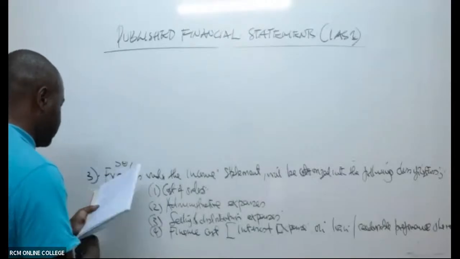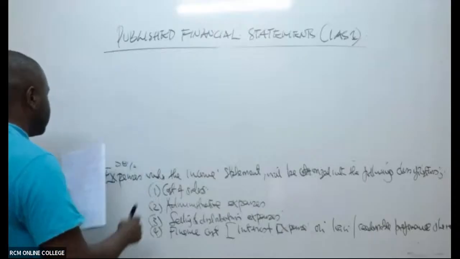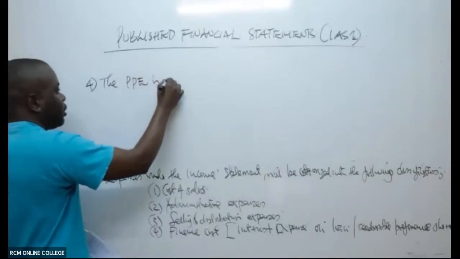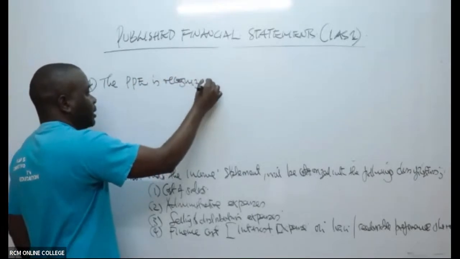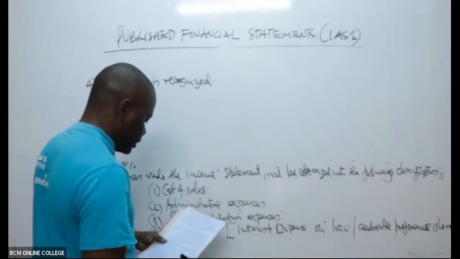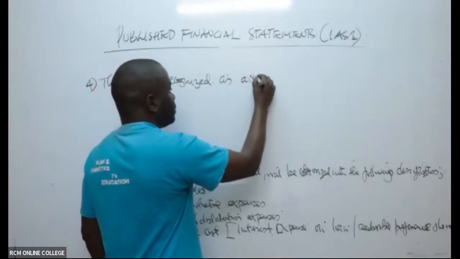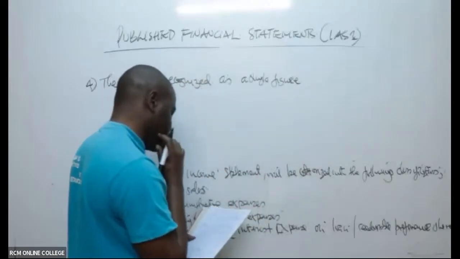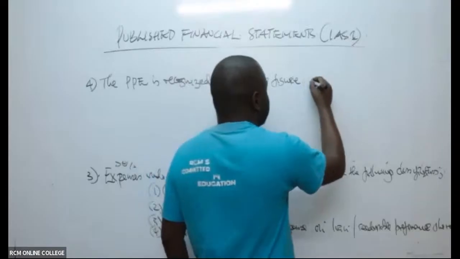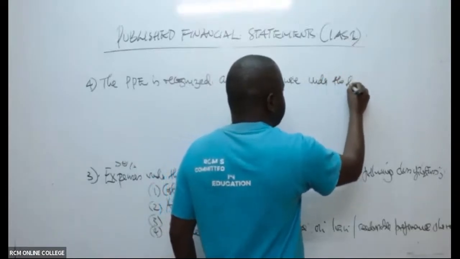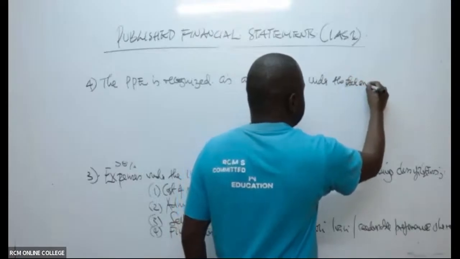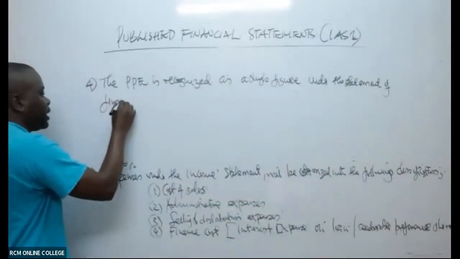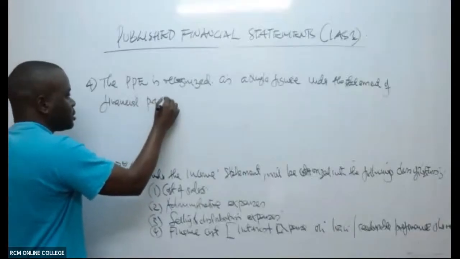So the property, plant, and equipment is recognized, number 4, as a single figure under the statement of financial position.